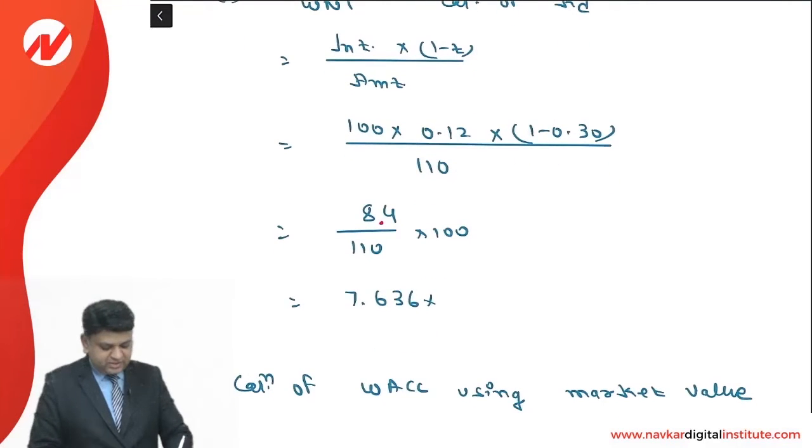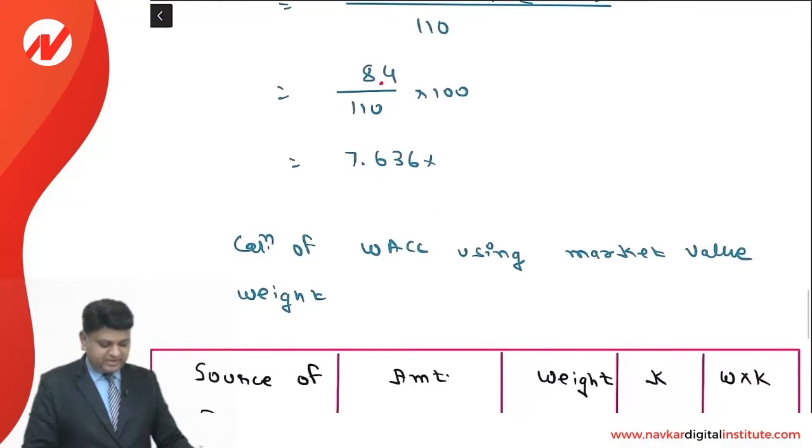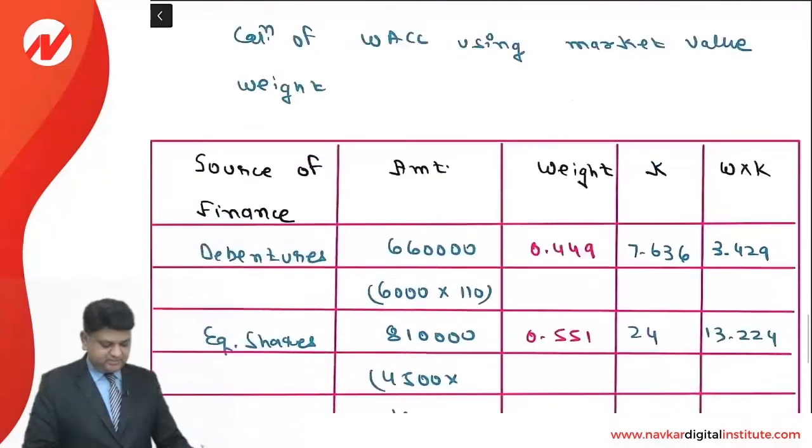So the amount received by the company is 110, that is the current price. Interest is to be paid on the face value, 100 into 12%, that comes to 12 rupees, into 1 minus 0.3, that is post tax, it comes to 8 rupee 40 paise, and the KD is 7.636.